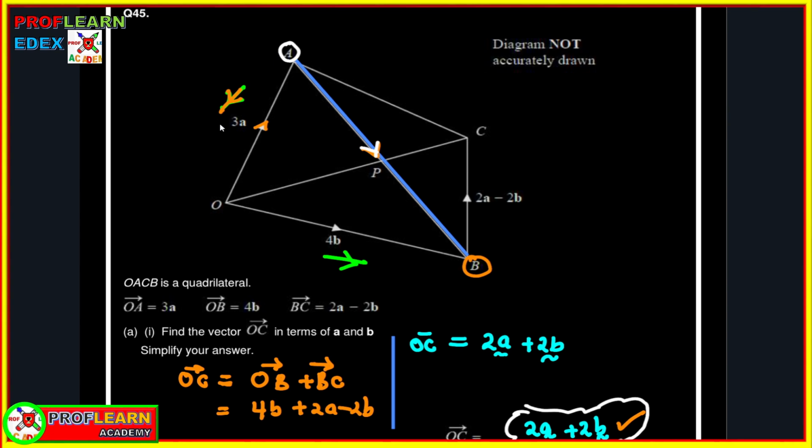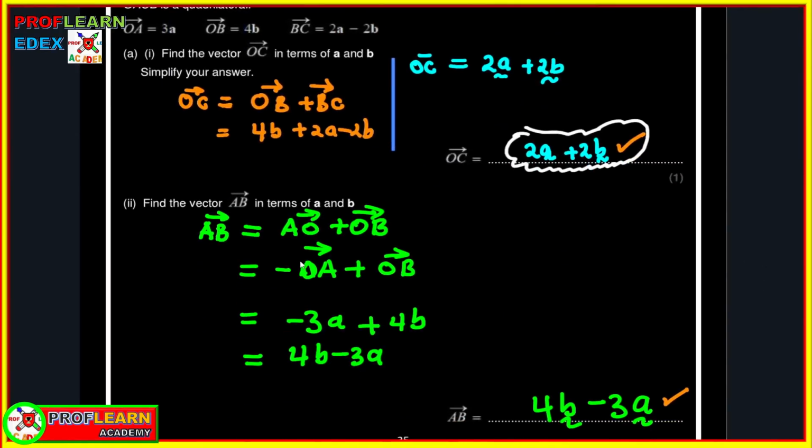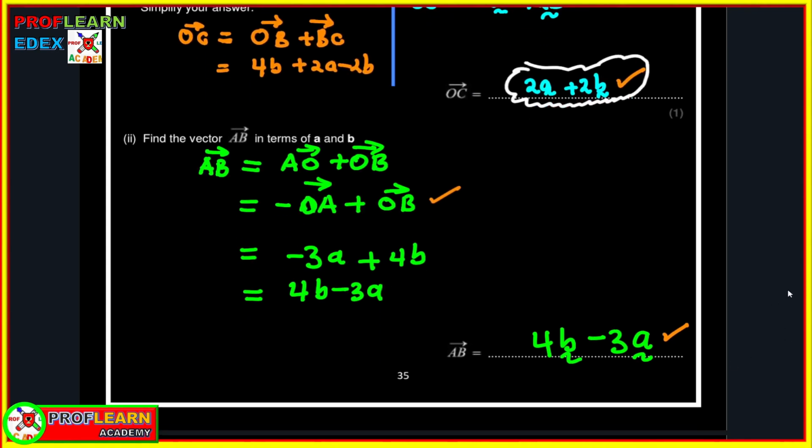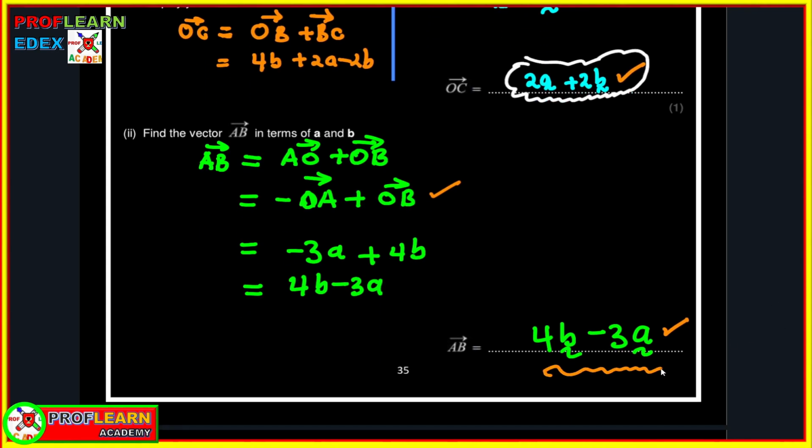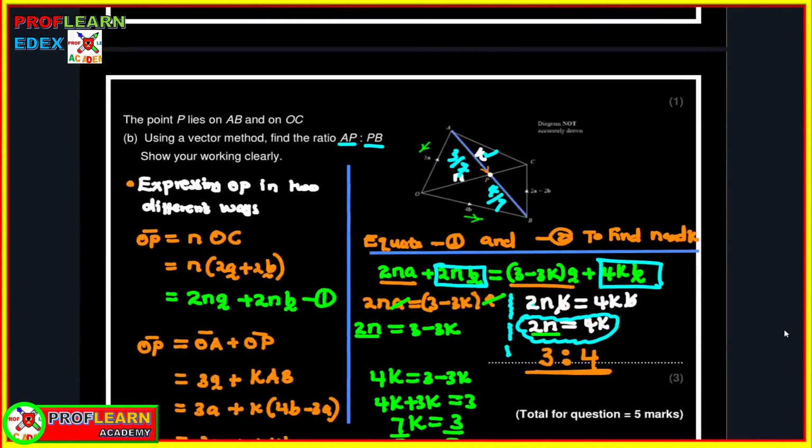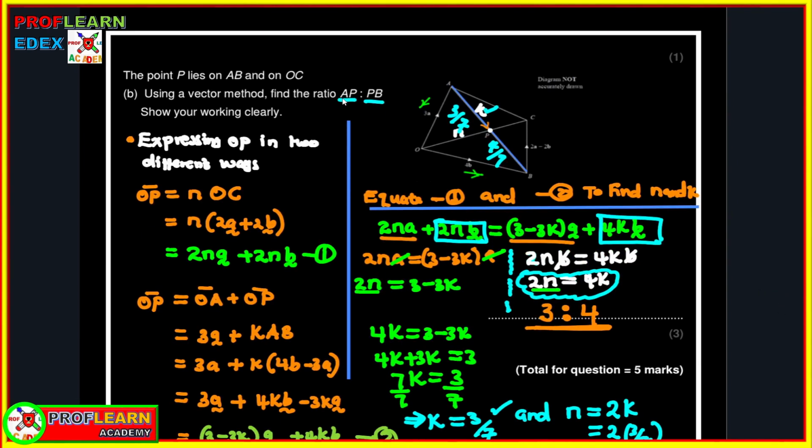So we're going to assign this to be negative 3A. Then we add OB, which is 4B. So AB is AO plus OB, but AO is the negative of OA. Then we substitute the values and we end up with this part that we are having here.